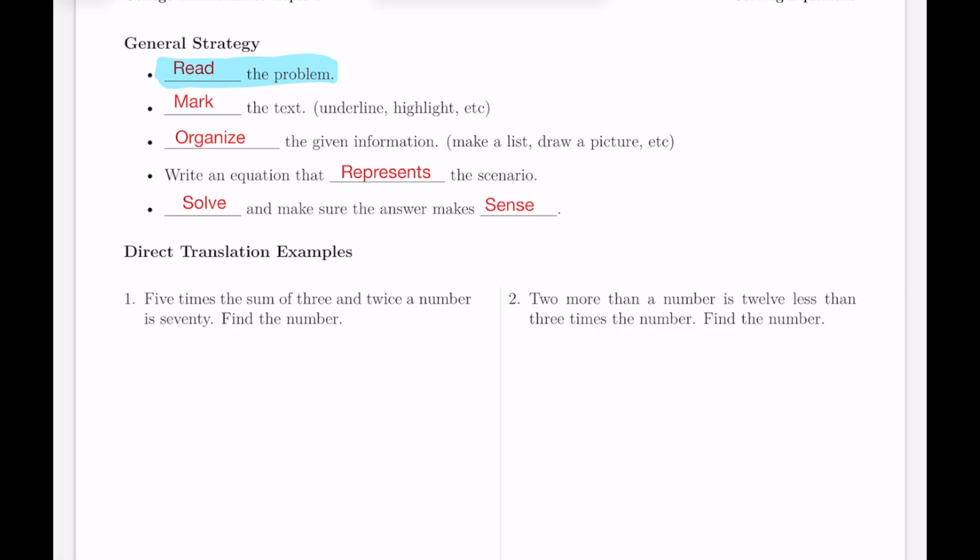So please make sure you understand, what should my answer look like? Am I solving for a number of cars? Am I solving for how fast a car is going? Am I solving for a number of hot dogs eaten? Am I solving for a number of hot dogs eaten per hour? Make sure you understand what the question is asking. So please read it and identify the actual question.